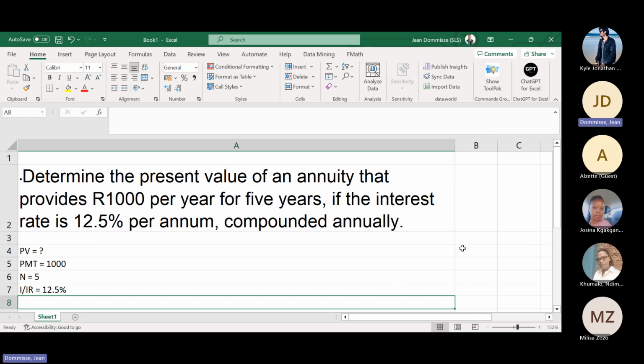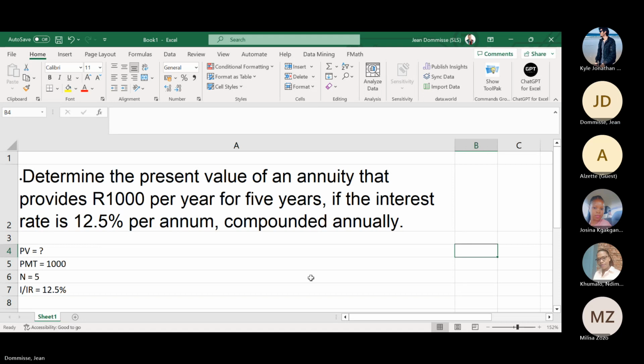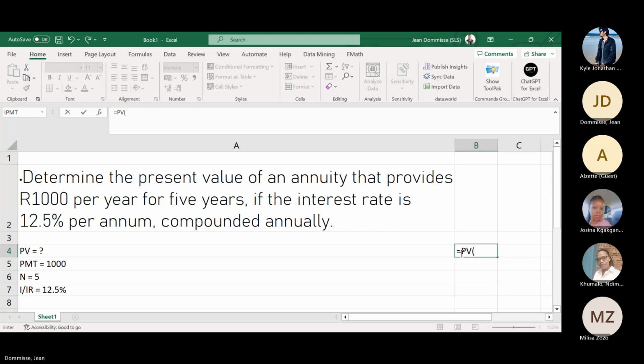Okay, so we can go to Excel. There's a nice function that is called present value. Okay, so present value, and if you look at what is needed, we need the interest rate, we need a number of years or the number in the period.